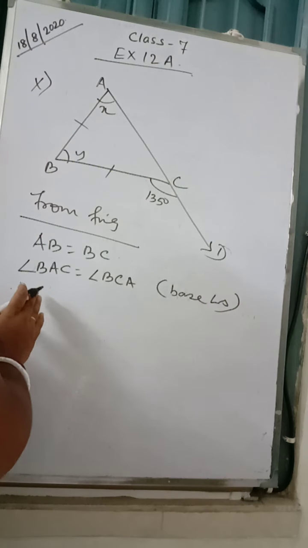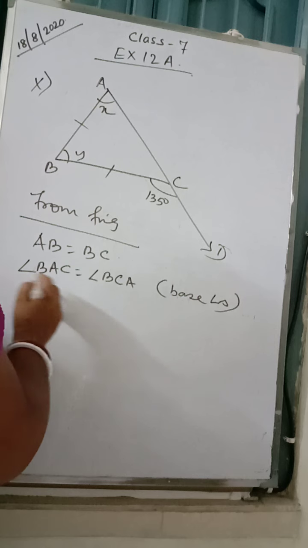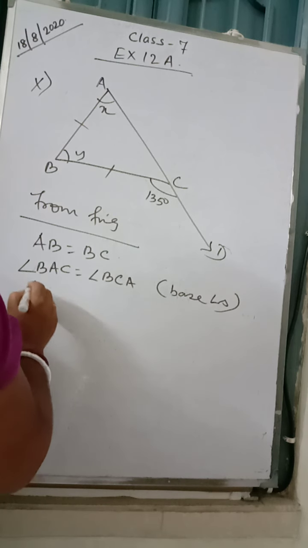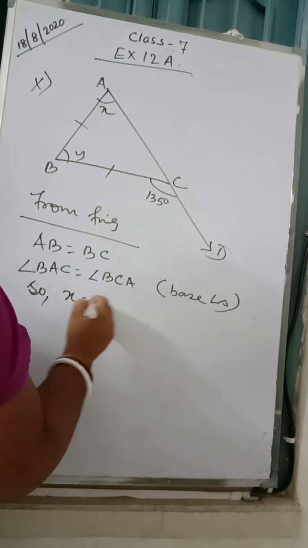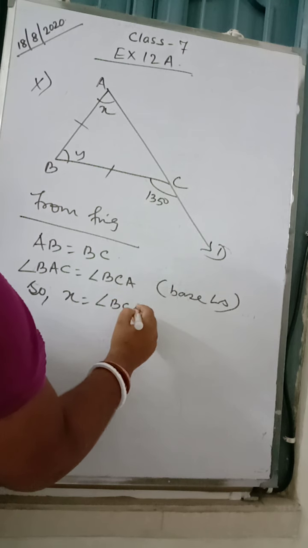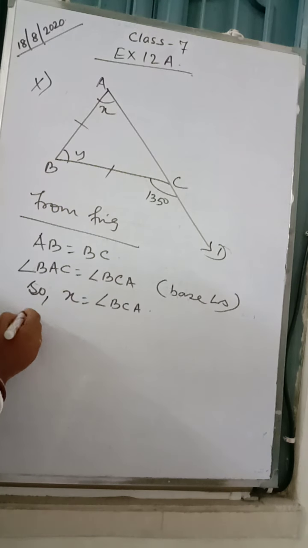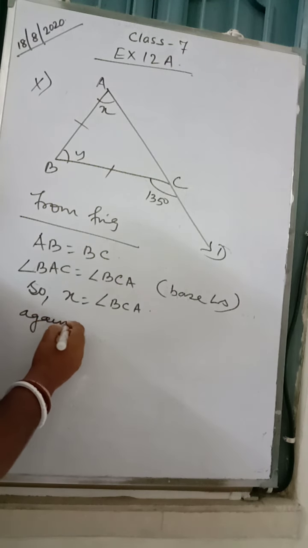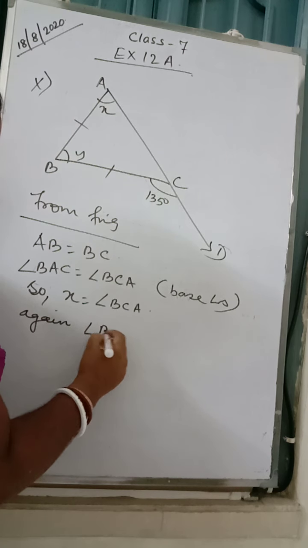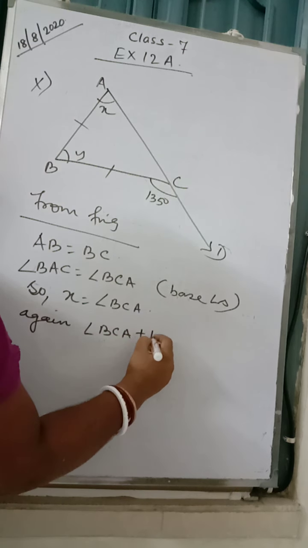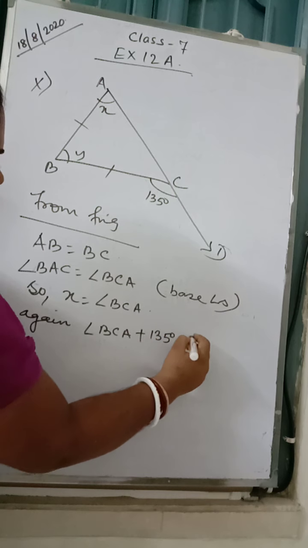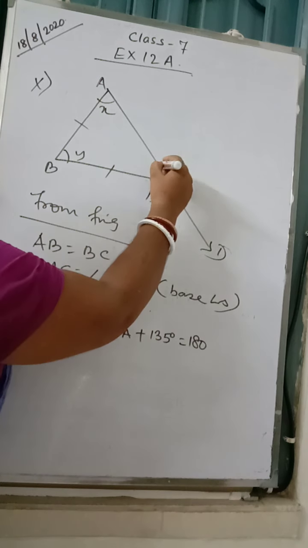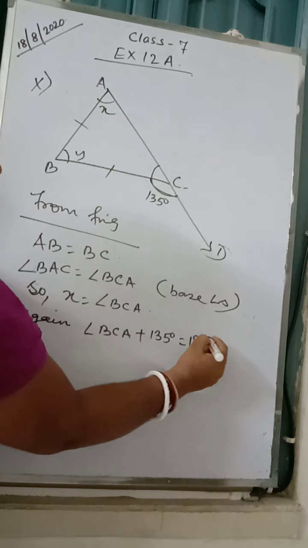So X is equal to angle BCA. Again, angle BCA plus 135 degree is equal to 180 degree. These two are forming 180 degree linear pair.